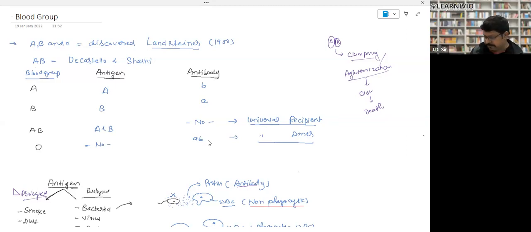So I have a question. The blood group of my father was O, and the blood group of my mother is A. What is the probability of blood groups which should be present in my brothers? Can you tell me?